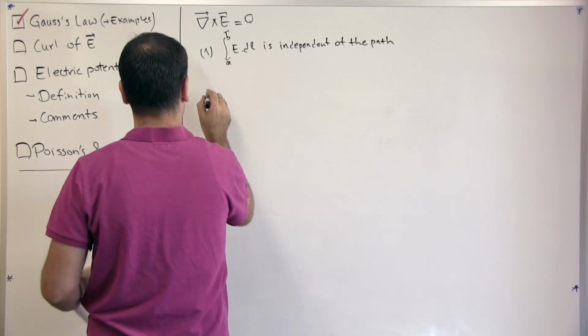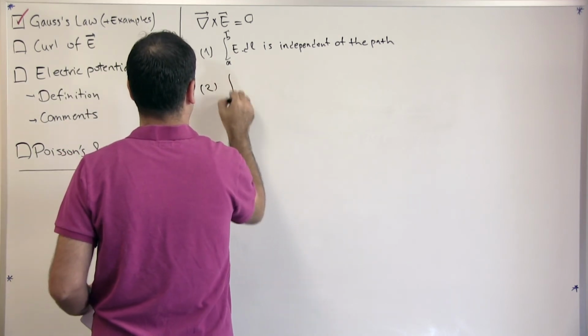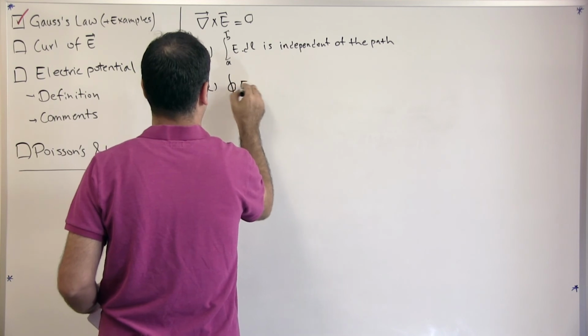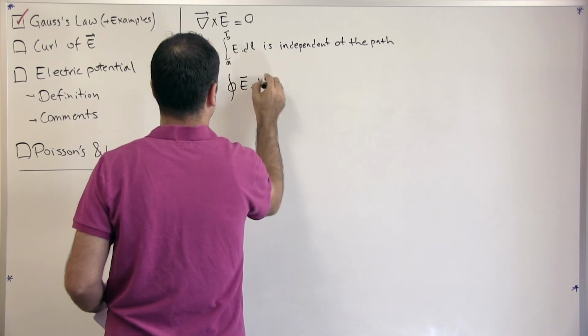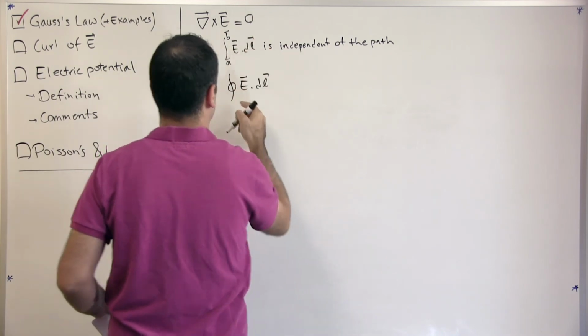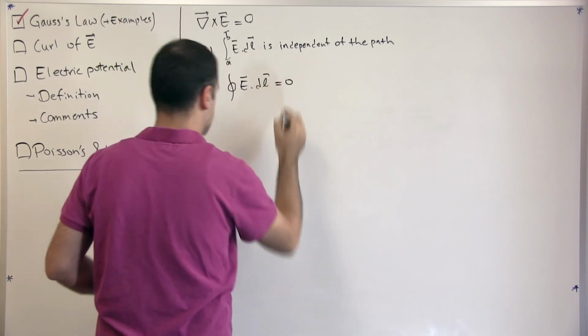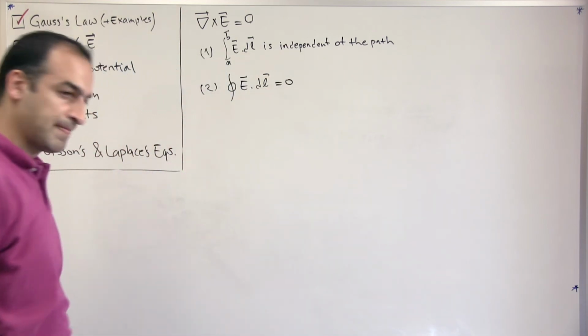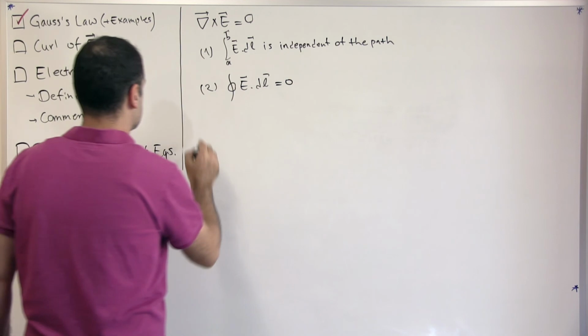Another property is, if you do the integral on a closed loop, that is always 0.